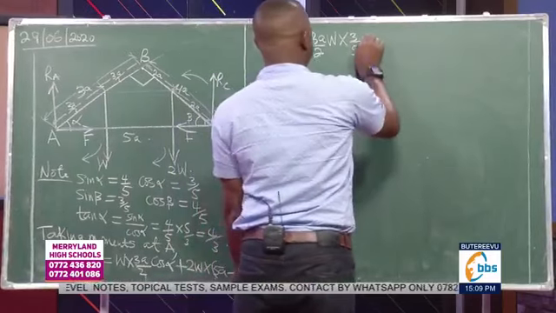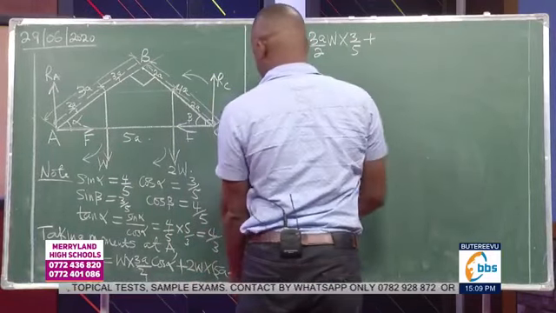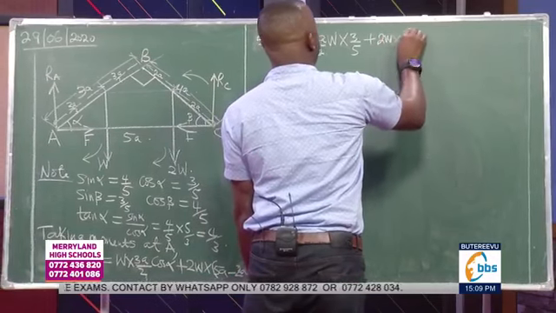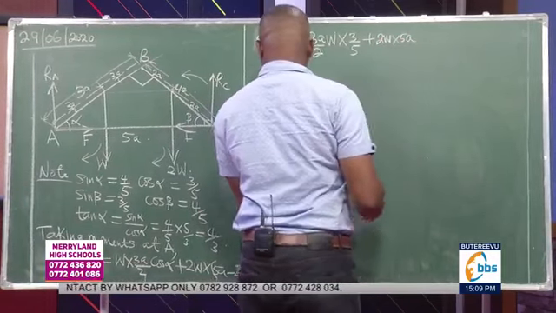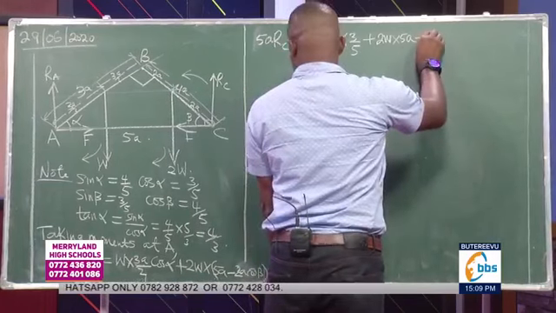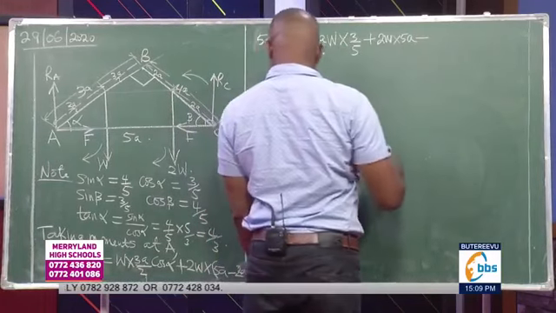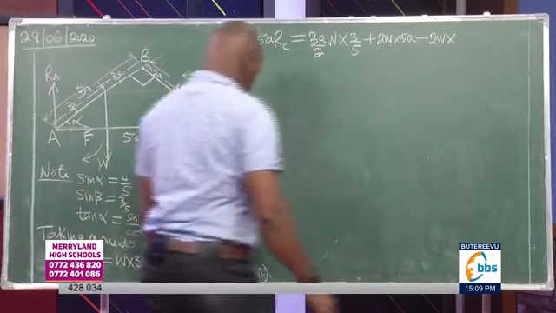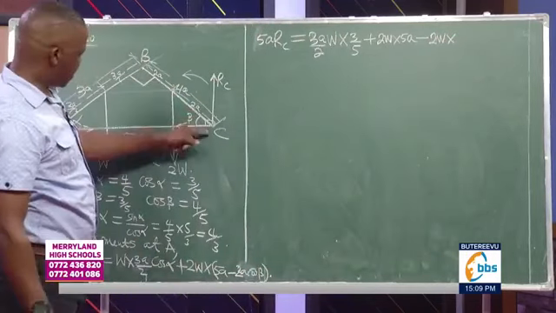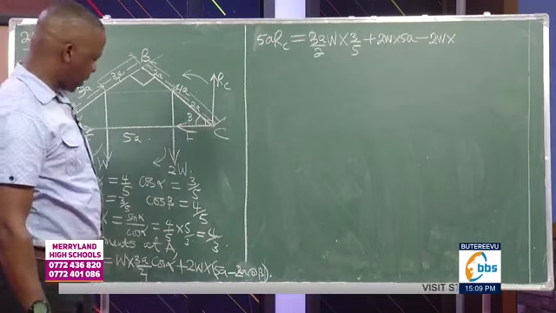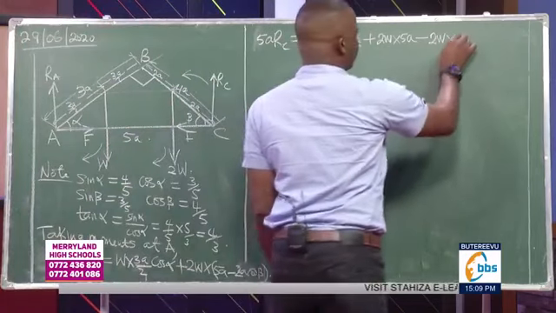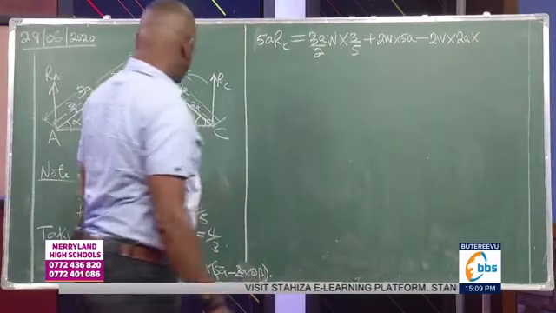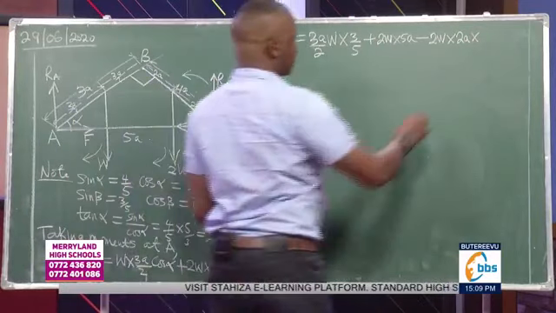I will open these brackets. So I'll add 2W times 5A minus 2W times this distance here, which is our 2A cos of beta. The cos of beta is still 4 over 5.